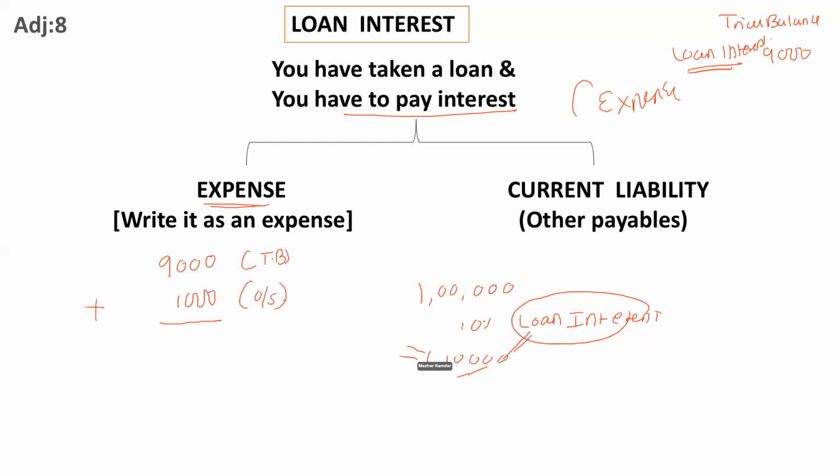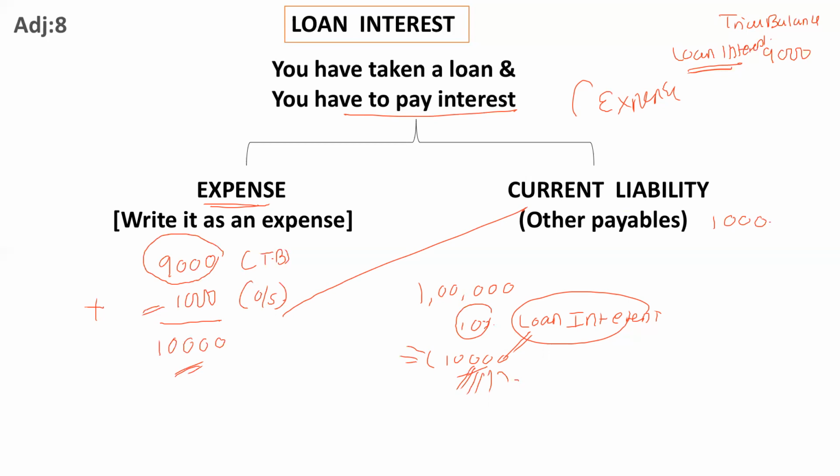You actually have to pay 10%, which comes to 10,000, and the trial balance is only giving you 9,000. So you will add the additional interest and make the loan interest up to 10,000. In your current liability, you will record only 1,000, the amount that you have not yet paid.